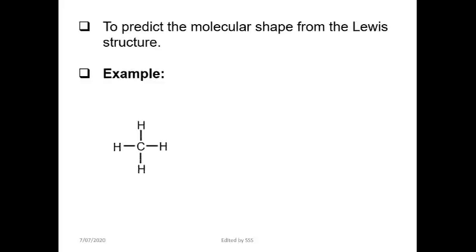For example, we have the methane molecule. The methane molecule consists of 1 carbon atom as a central atom, and 4 hydrogen atoms attached to the carbon atom will form 4 bonding pair electrons.